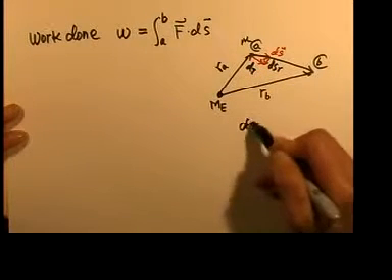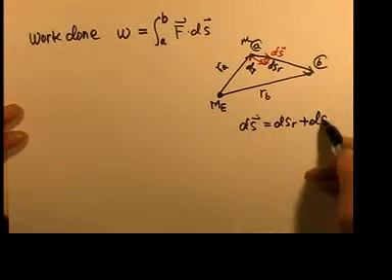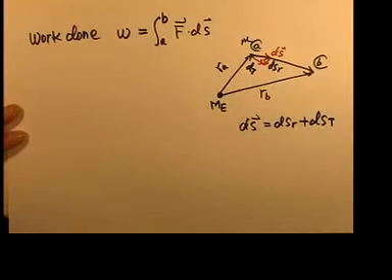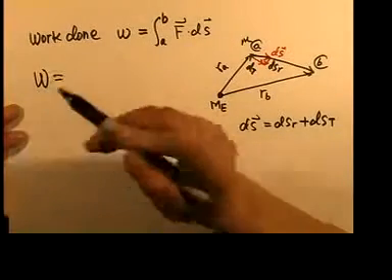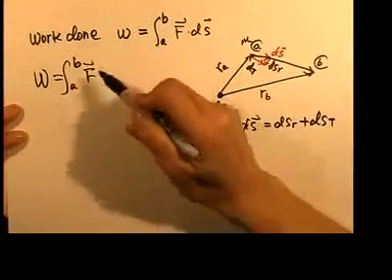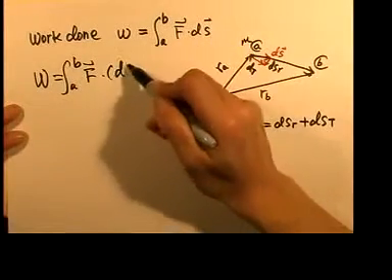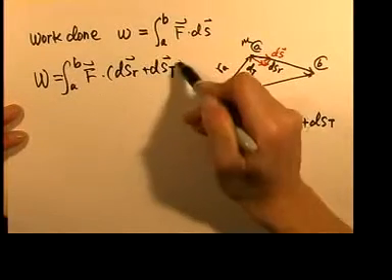So we have ds equals ds of r plus ds of tangential. Work done equals the integral from A to B of F dot, where we replace ds by ds of r plus ds of tangential. Be careful, both are vectors.